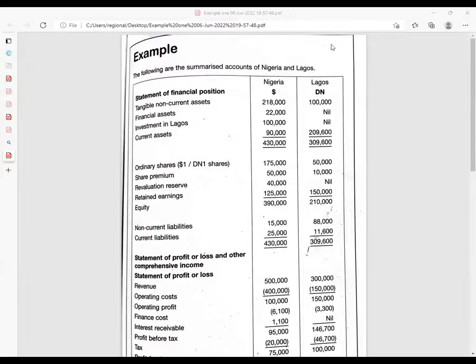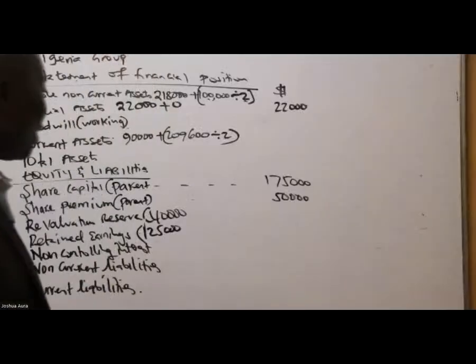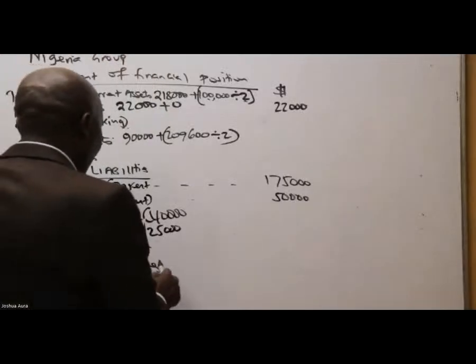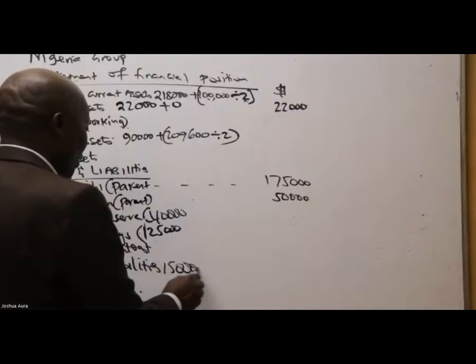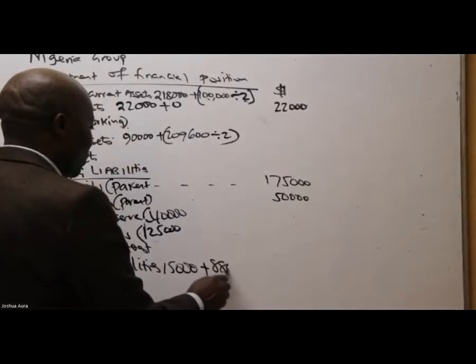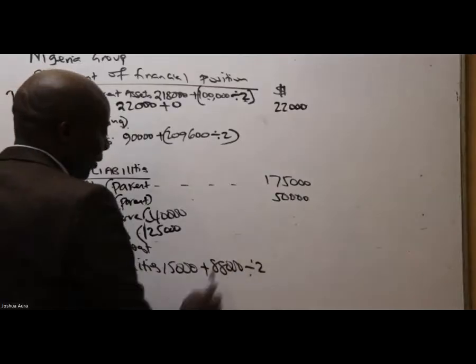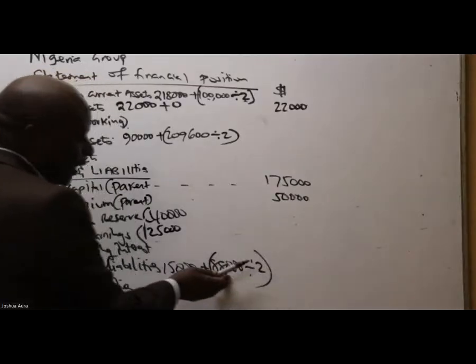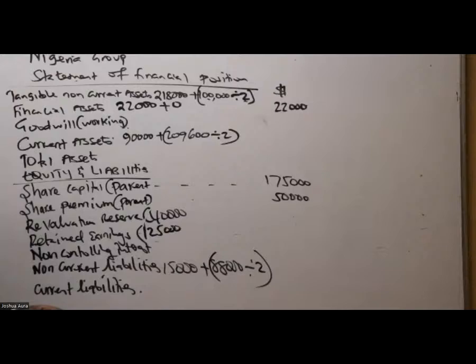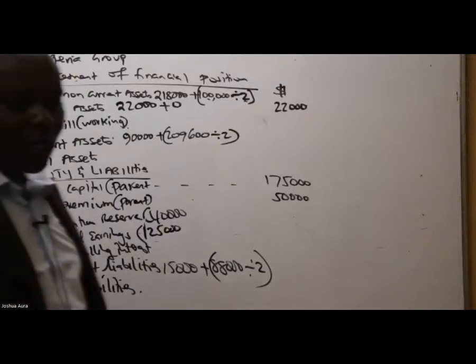So I'll take 15,000 plus 88,000. But now the 88,000 still falls under assets and liabilities. It has to be retranslated. So we have non-current 15,000 plus 88,000, but this has to be divided by 2 like that. And remember, this 2 is only dividing this. So go straight away to the current liabilities.